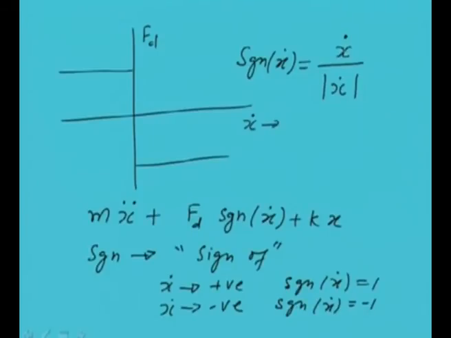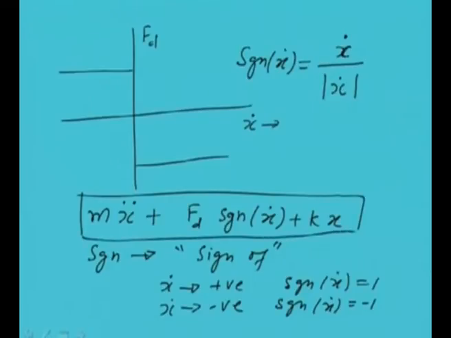If x dot is negative, then it will give a value of -1, because the numerator is negative and the denominator always remains positive. So finally the sign will be negative. So this particular equation, if you see, changes its sign depending upon the direction of the velocity. So basically it is a nonlinear equation, a bilinear equation.